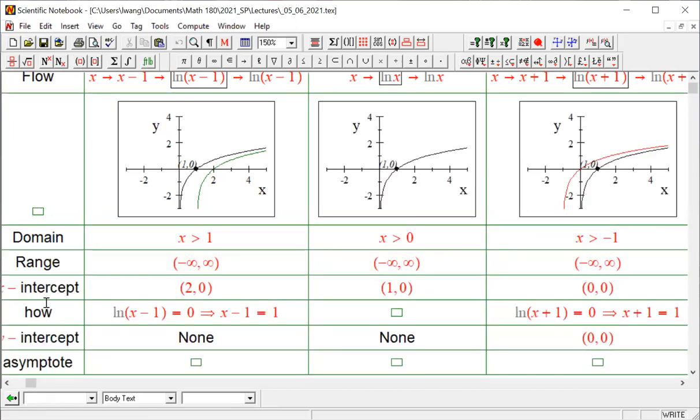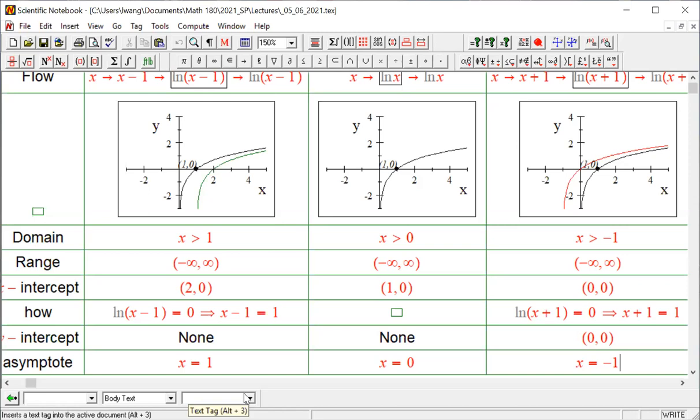So it's not that we don't always have a y-intercept. It depends on the function, on how it's being shifted. Okay. Asymptotes. x equals 1. Yep. Very good. So we're done with this piece.